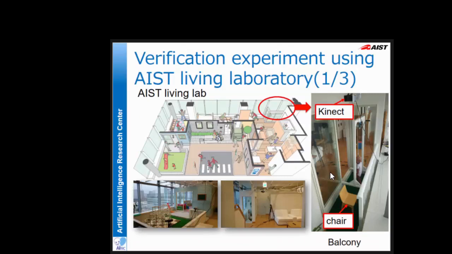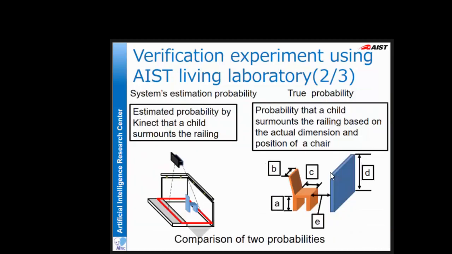Next, we conducted an experiment on the balcony of the living area of our lab. This is an experimental facility simulating such an actual living environment. In the experiment, we compare the probability estimated by Kinect that a child surmounts the railing and the probability that a child surmounts the railing based on the actual dimension and position of a chair.